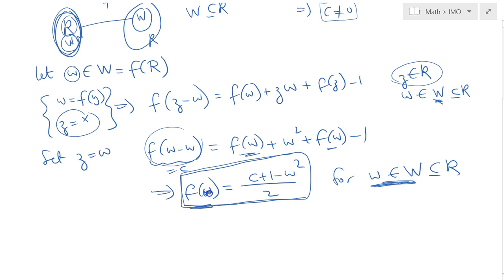So can we extend this function so that it applies to the whole set R?